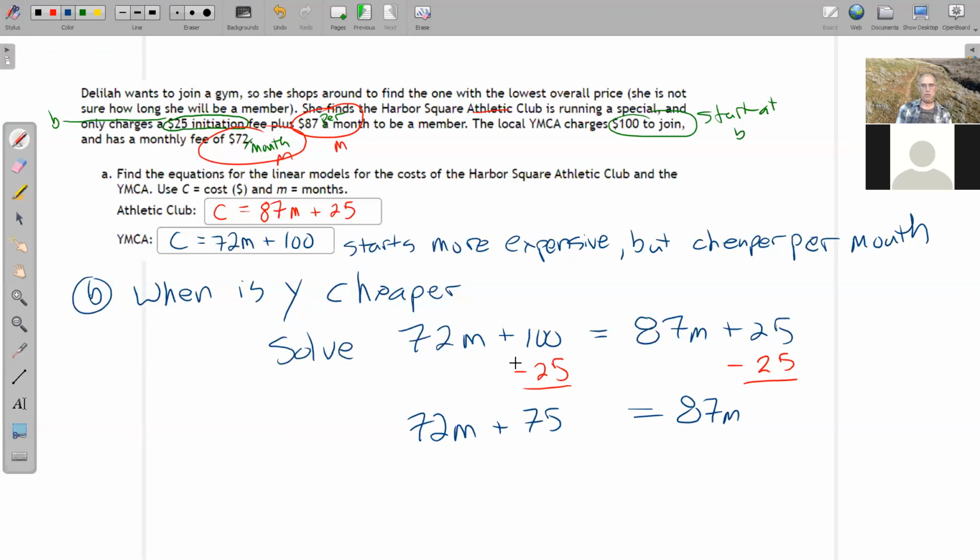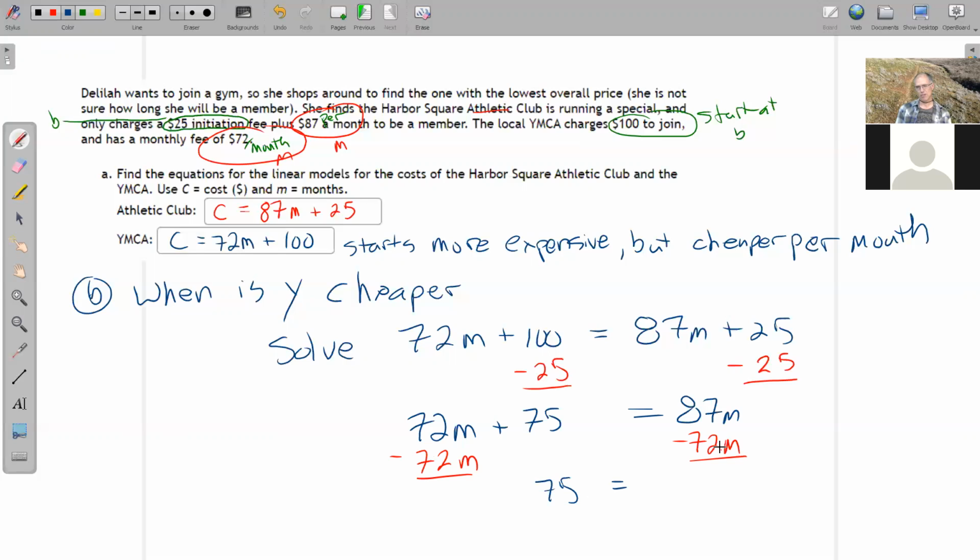Since I brought the 25 to the left, I'm going to take that 72m over to the right. So I'm going to subtract 72 times m to the other side. That becomes nothing, leaving just the 75.